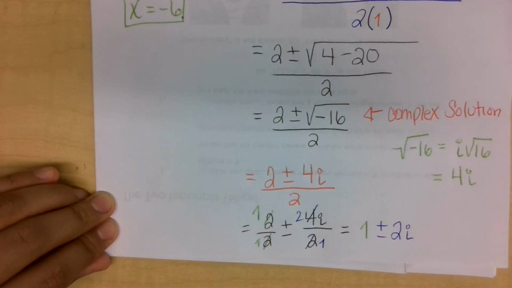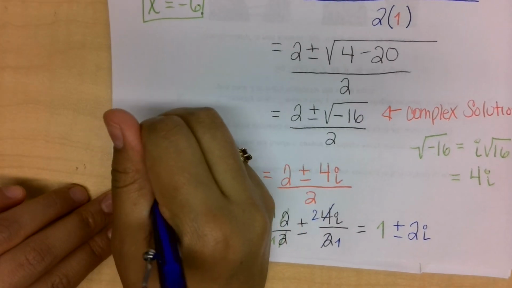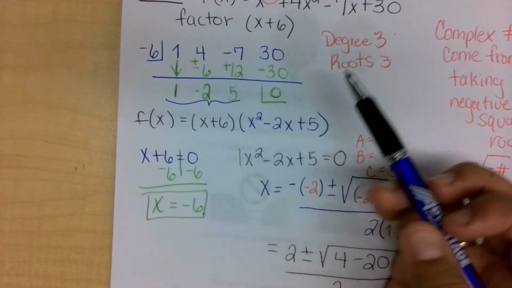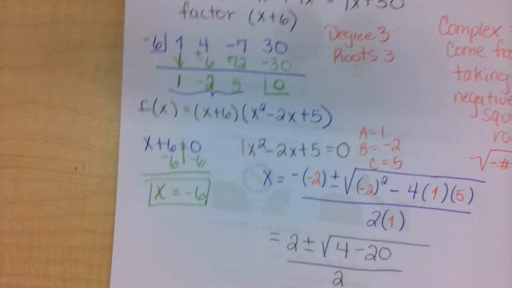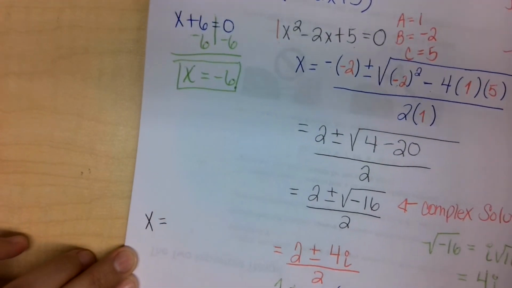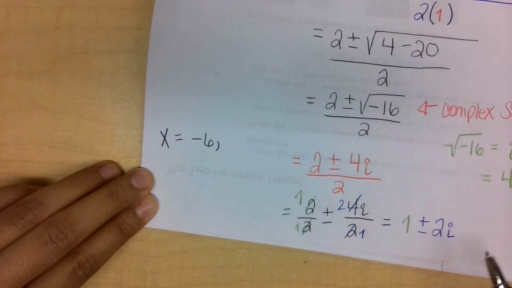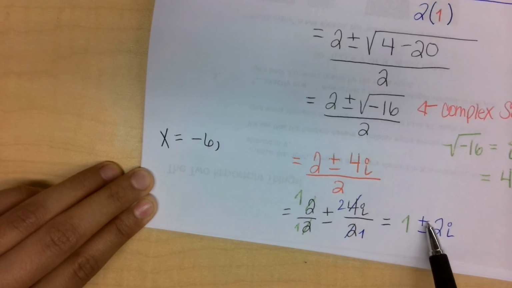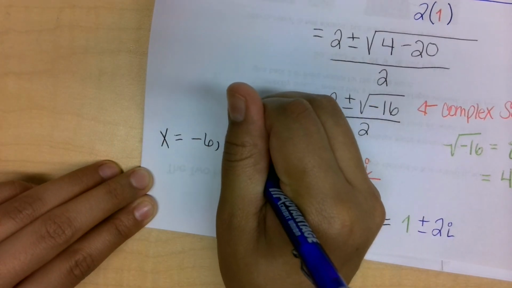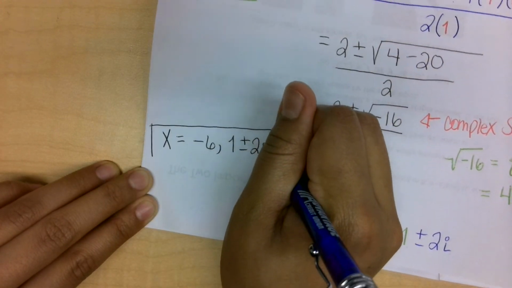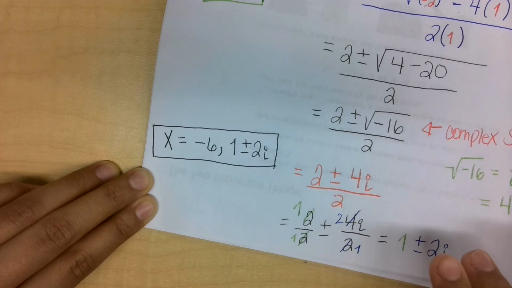Our solutions are going to be x equals, let's not forget about the negative 6 that we found up here from the given factor at the beginning. So we're going to put x equals negative 6. And let's remember that this is two solutions. This is 1 plus 2i and 1 minus 2i. But I'm just going to write it like this. All right. And that is it for this problem.